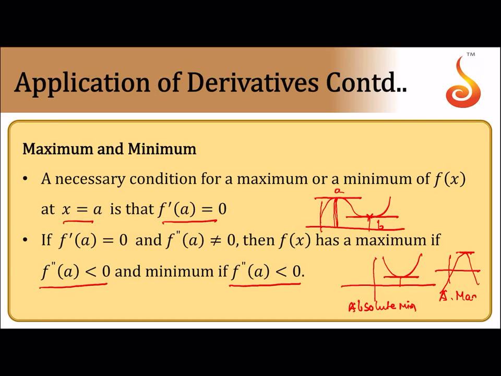Suppose we take this one, so this is called absolute minima and this is absolute maxima.